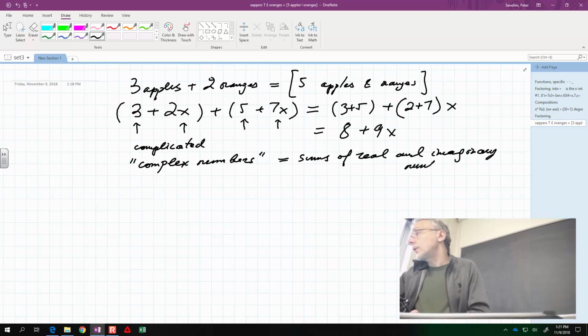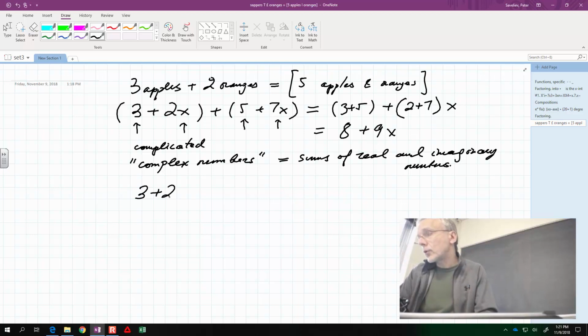As far as addition is concerned, we do not intermix real and imaginary numbers, as we just did with apples and oranges. So what is 3 plus 2i equal to? It is equal to itself. It is 3 plus 2i, just a combination of the real number 3 and the imaginary number 2i.